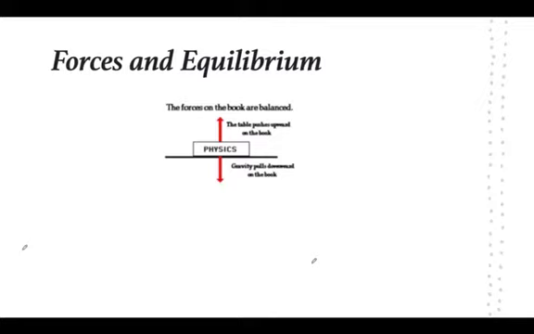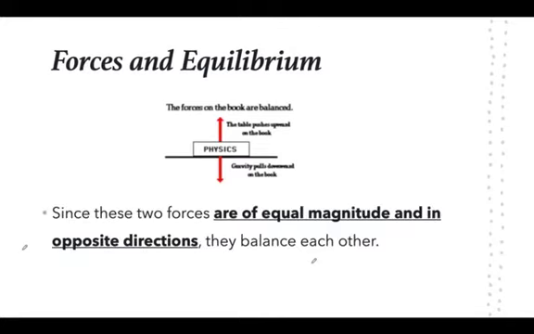For example, the forces acting on these physics books are balanced. Gravity pulls downwards on the book, and the table pushes upwards on the book with the same magnitude but in opposite directions. So these two forces balance each other out, and the book is said to be at equilibrium.